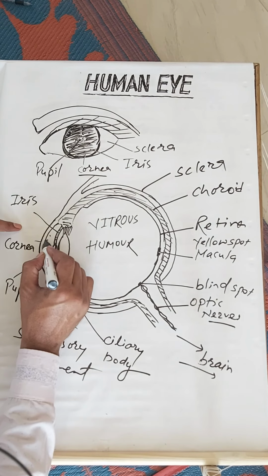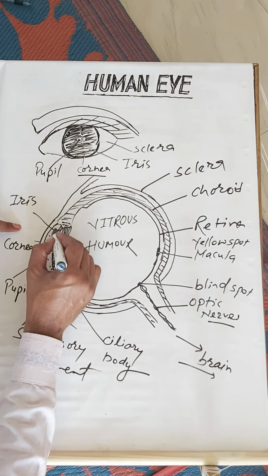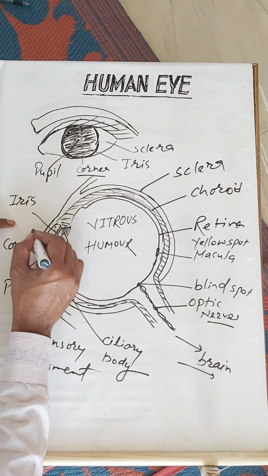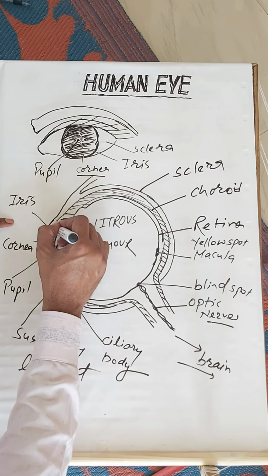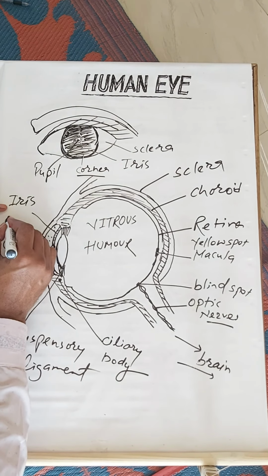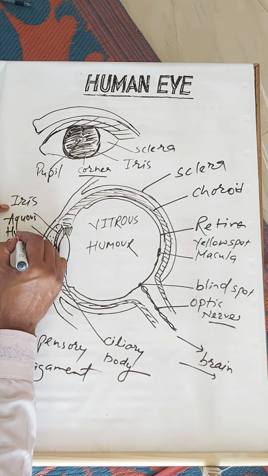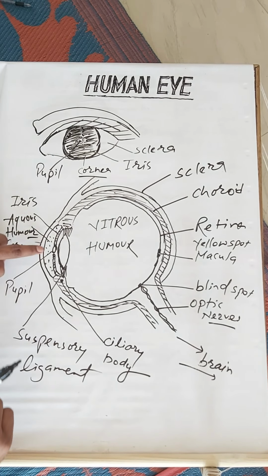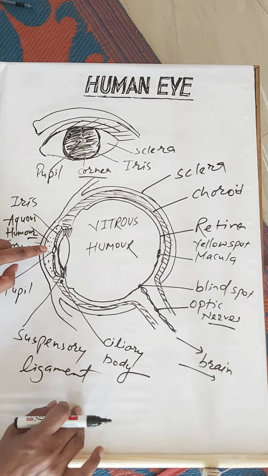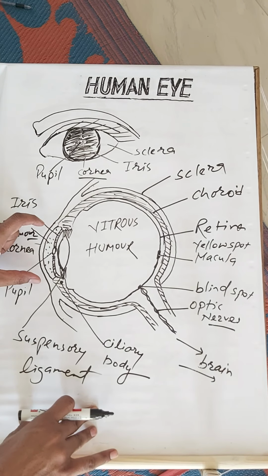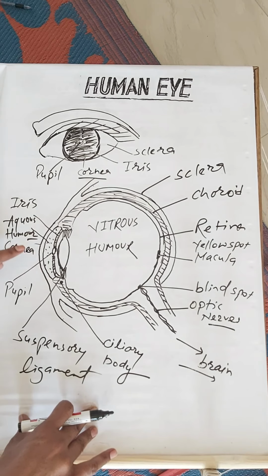Then interior part, here watery liquid is present. This liquid is called aqueous humor. It prevents eye from the external mechanical shocks.